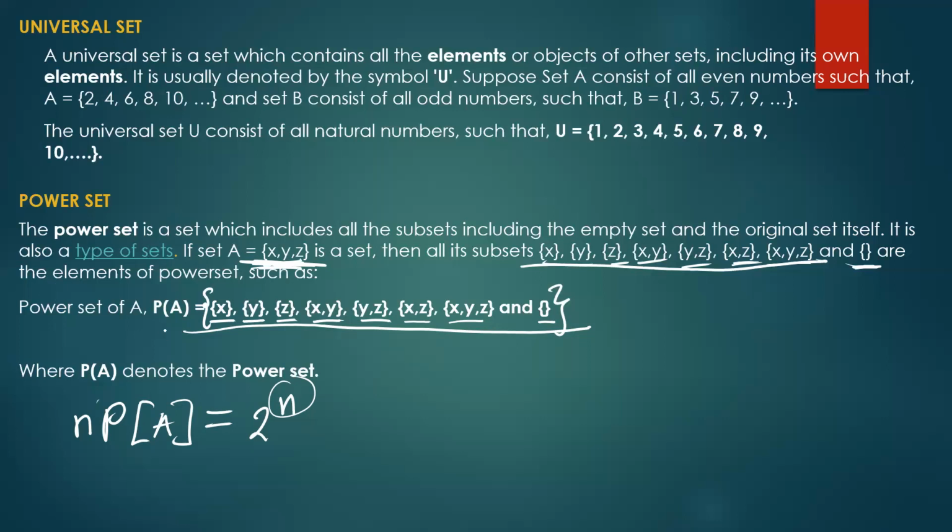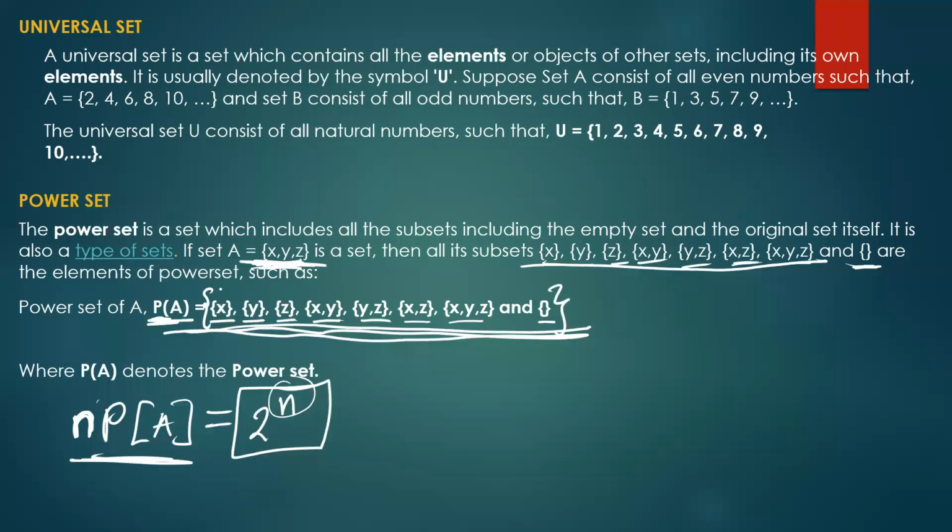The power set shows the elements that are the subsets of A. And then the cardinality is represented by a small letter n in front of the symbol there. You use this formula when you are trying to find the number of elements in this set, which is the power set of A.